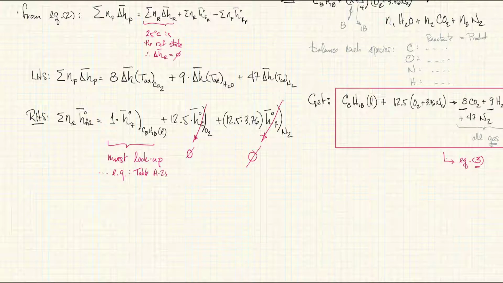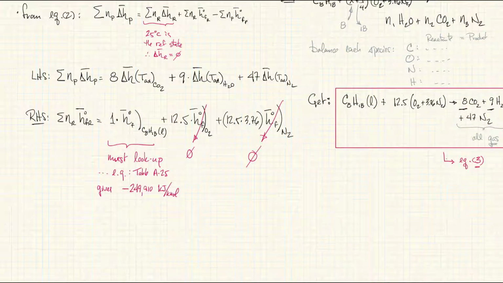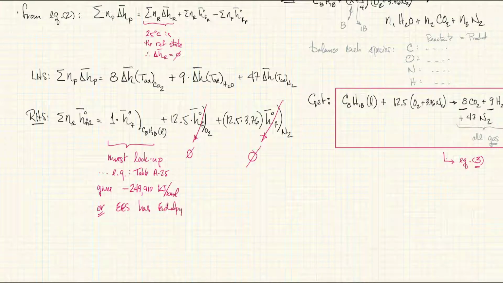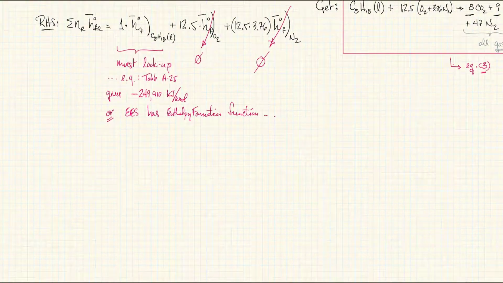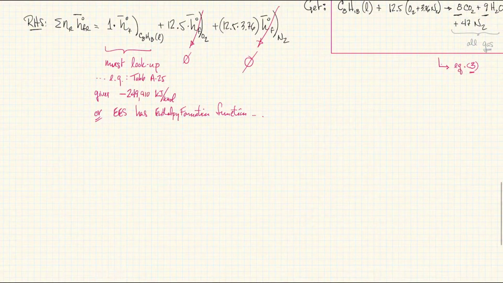That's how the reference state is defined. Arbitrarily set that point as 0. But the enthalpy of formation of octane, C8H18, is not. So again, table 825 gives us that value at the reference state, which is minus 249,910 kilojoules per kmol.